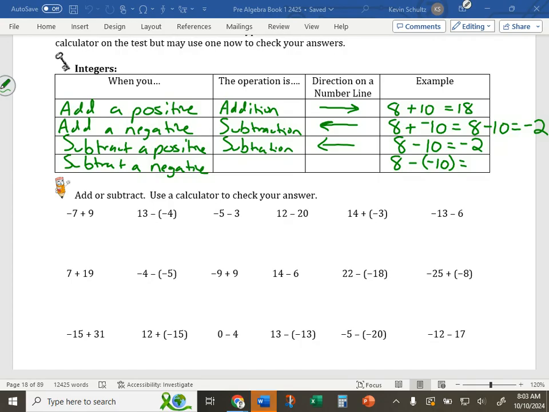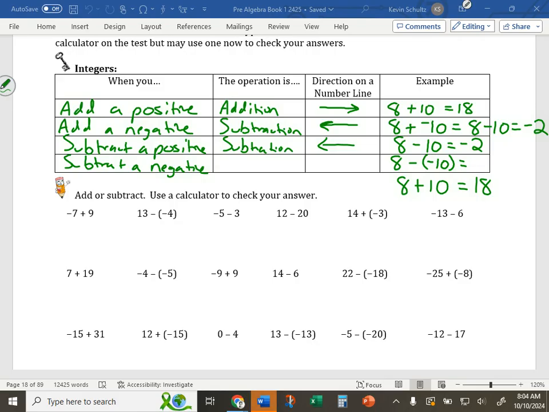If you subtract a negative, what operation is that actually telling you to do? What's a double negative in English class? Positive. Like if you say, I'm not going to have dessert, that means you are going to have dessert, right? They cancel each other out. So this is the same as 8 plus 10, which equals 18.